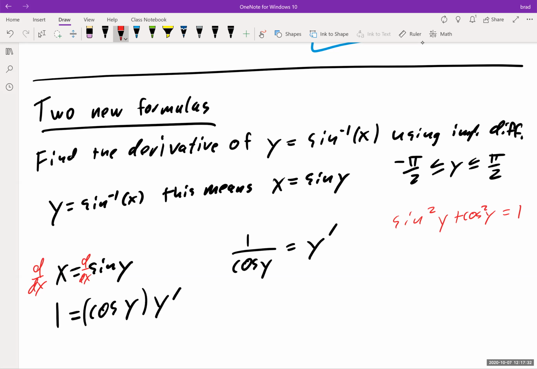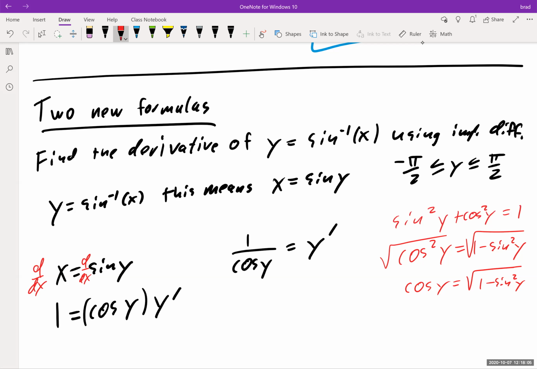So if I solve for cosine of y, cosine squared y is equal to 1 minus sine squared y, and then I square root both sides. So cosine of y is equal to the square root of 1 minus sine squared y. I know there's supposed to be a plus or minus, but we're going to deal with the positive version for this problem. So that means I can now replace cosine of y with the square root of 1 minus sine squared y.